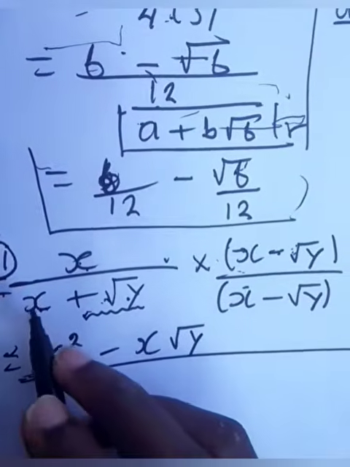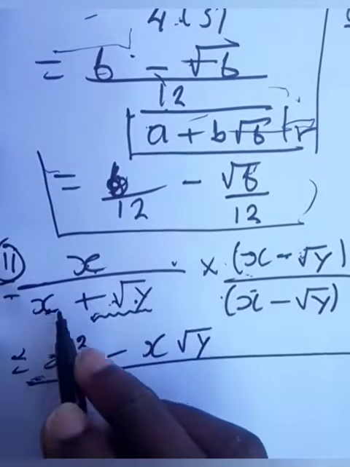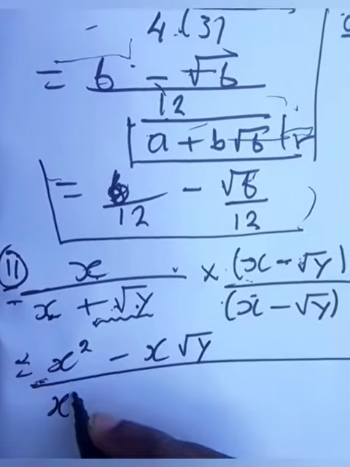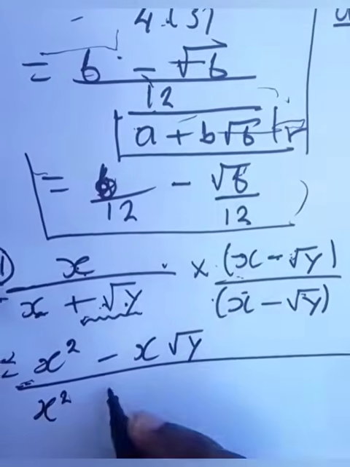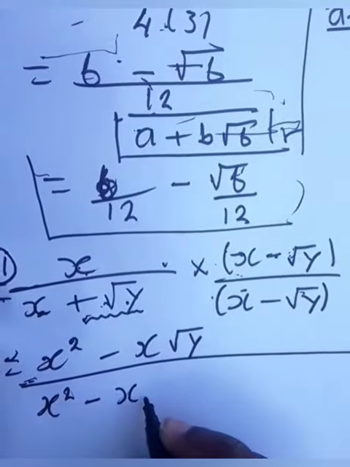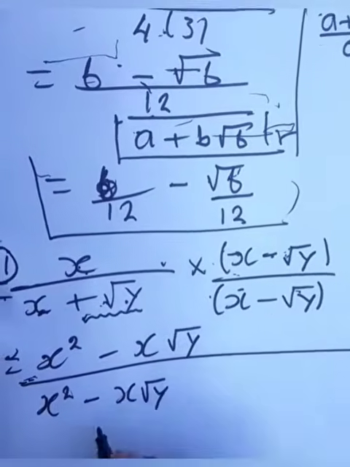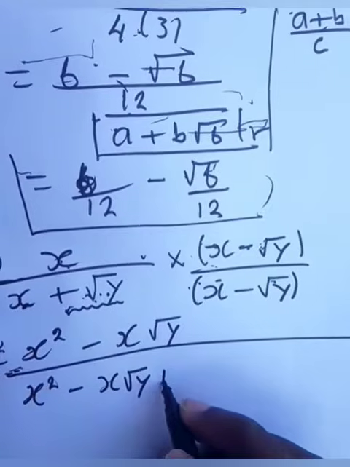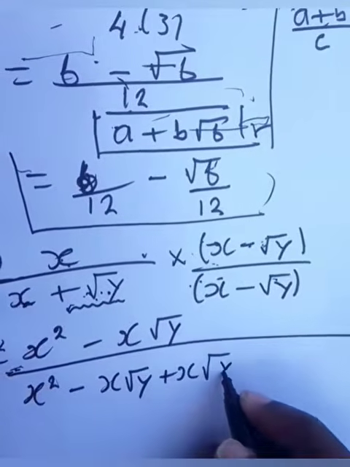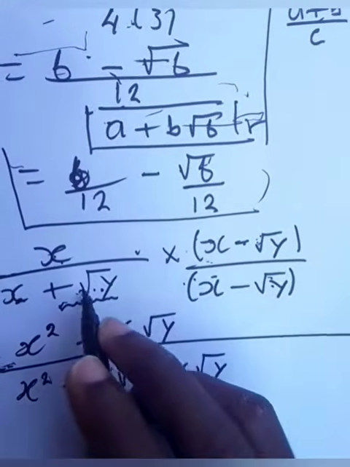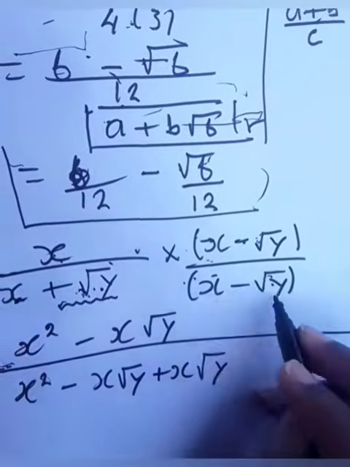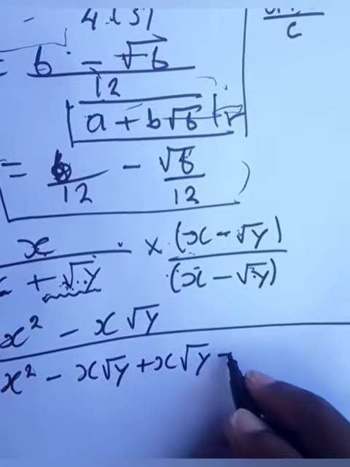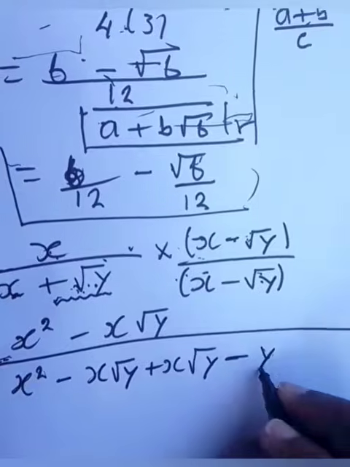Alright, so let's expand. So we're going to say this times this, x times x is going to be x power 2. X times this one is going to be negative x square root of y. Then we come here, this times this is going to be positive x square root of y. This times this, remember these are similar, right? They are multiplying, so the square root will disappear, the sign will still remain negative, but we're just going to end up with y.